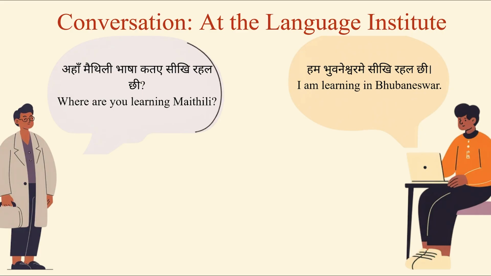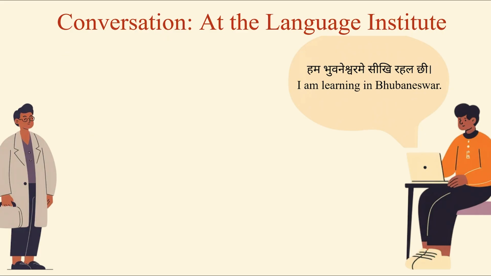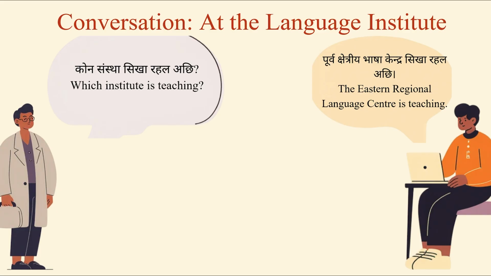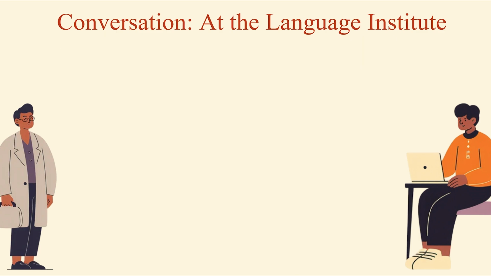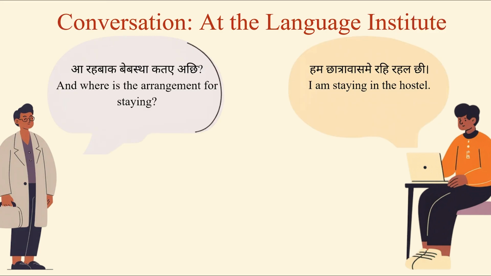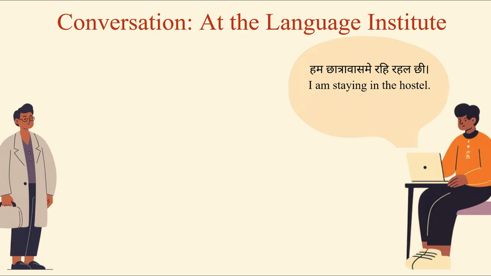So it means he's still learning. कौन संस्था सिखा रहल अछि? Which institute is teaching? पूर्व क्षेत्रीय भाषा केंद्र सिखा रहल अछि. The Eastern Regional Language Center is teaching. रहबाक व्यवस्था कतय अछि? Where is the arrangement for staying? हम छात्रावास में रहि रहल छी. I am staying in the hostel.